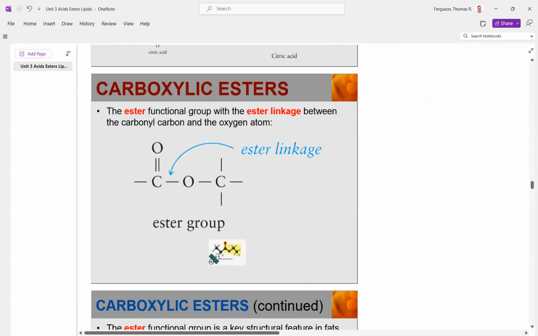Now, when you mix an alcohol and an acid together, you form an ester.